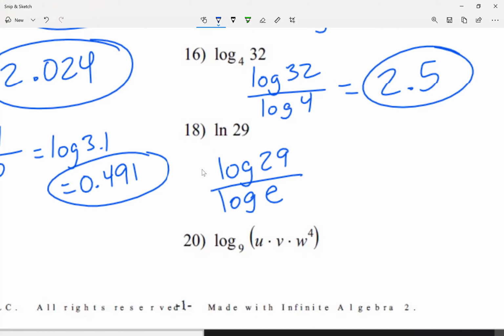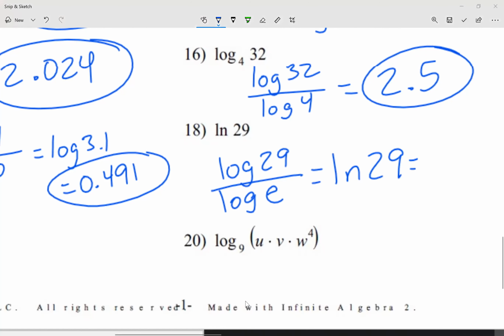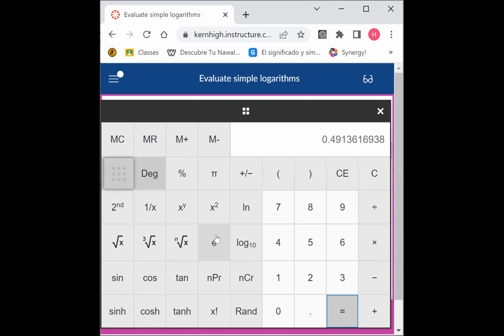I'm going to show you that there is a key that says e. Or in my case, I'm just going to type in ln of 29, natural log. Notice how there is an e.